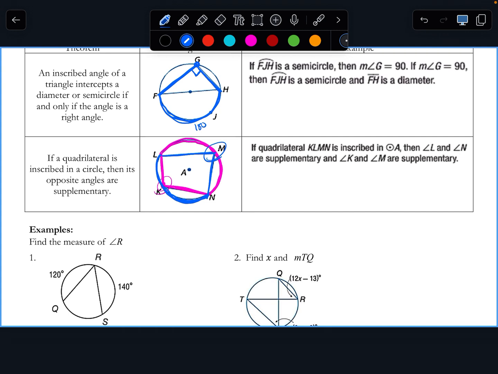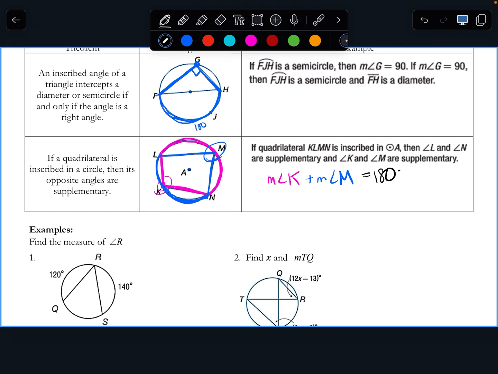Essentially the pink arc and the blue arc add up to 360, because the whole circle is together. Well, K and M are the inscribed angles for those arcs. So if the arcs add up to 360, the two inscribed angles add up to half that, 180. So they're supplementary. The rule is that the measure of angle K plus the measure of angle M are supplementary. They add up to 180.